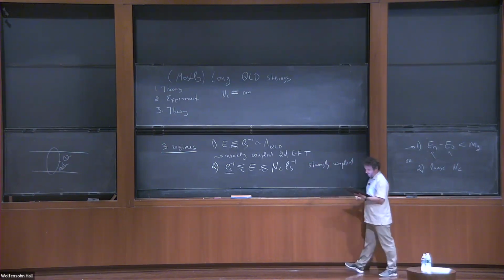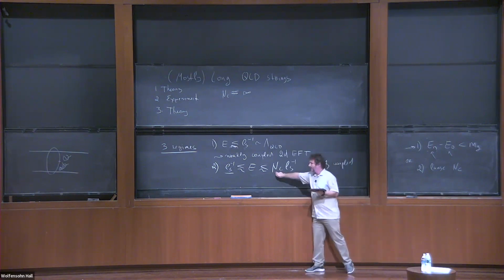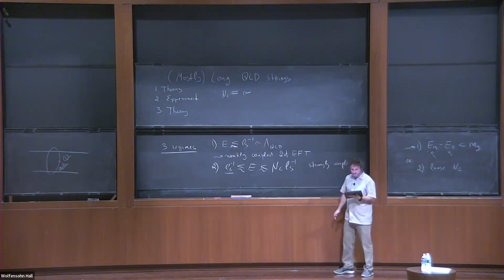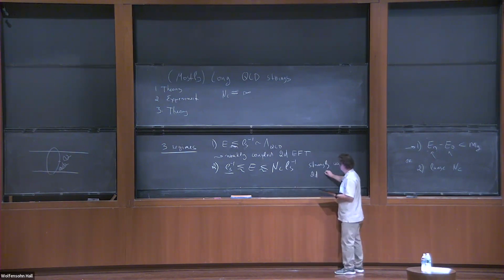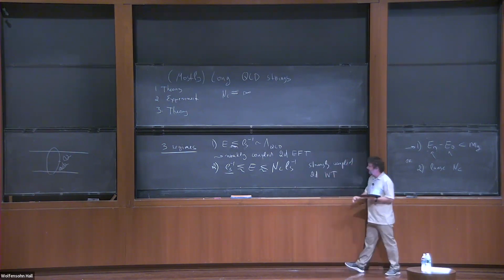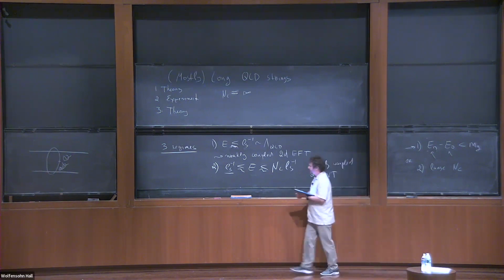But what the presence of large N buys us is that it's still a 2D worldsheet theory.